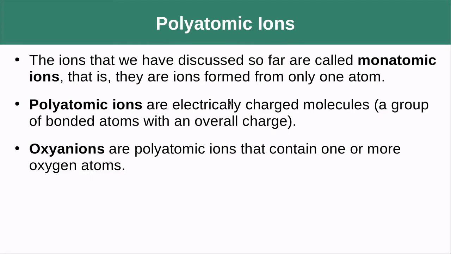So far, the ions that we've discussed have been monoatomic ions. They only involve 1 atom. However, there are polyatomic ions. These are going to be like electrically charged little groups of atoms, and they're going to tend to never really break up.